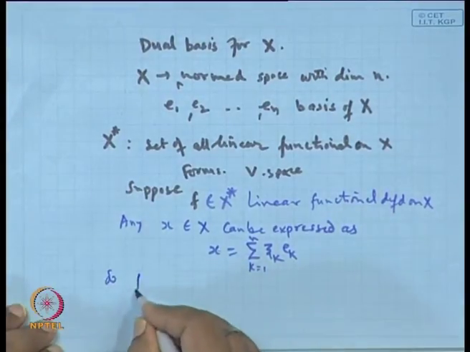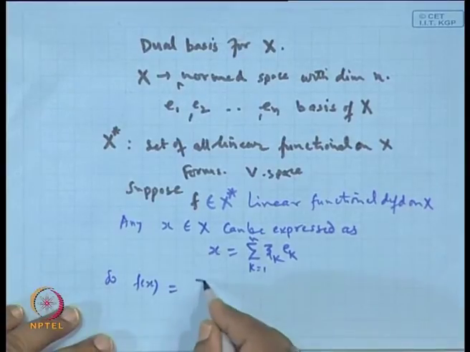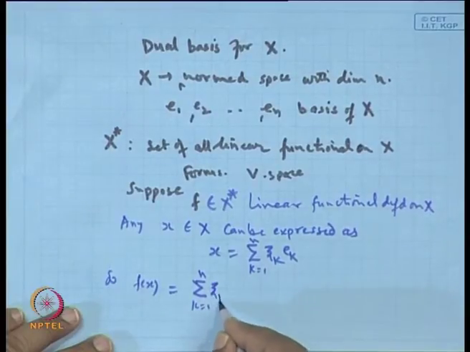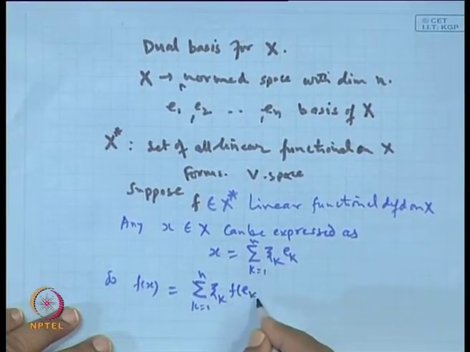So, f of x will be equal to sigma k equal to 1 to n, xi k f of E k. Okay.